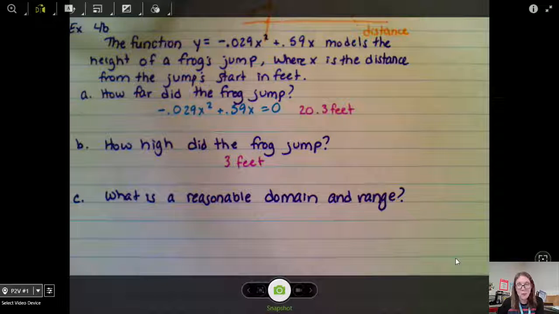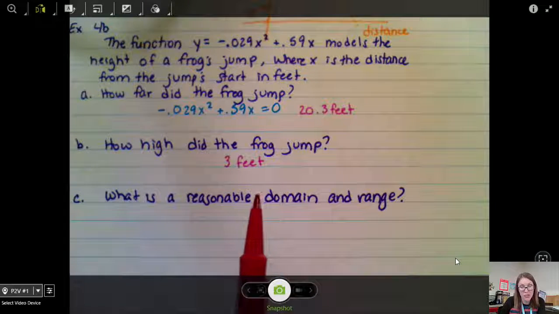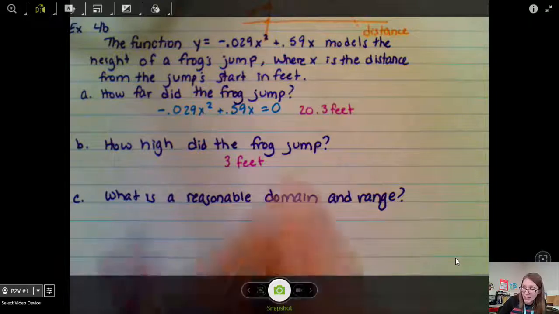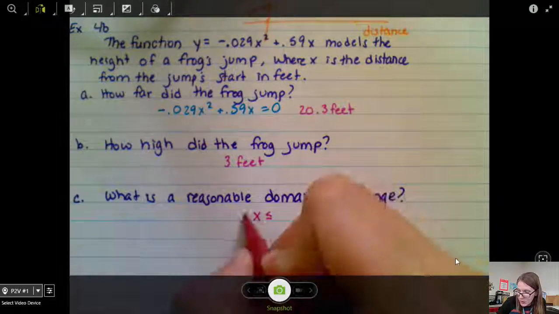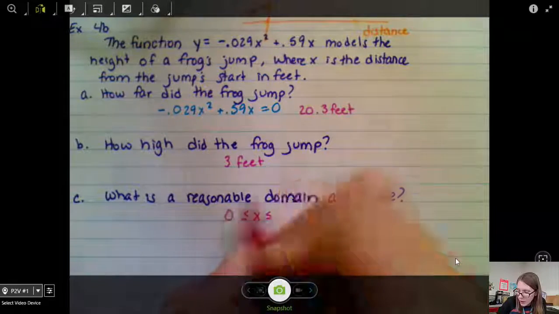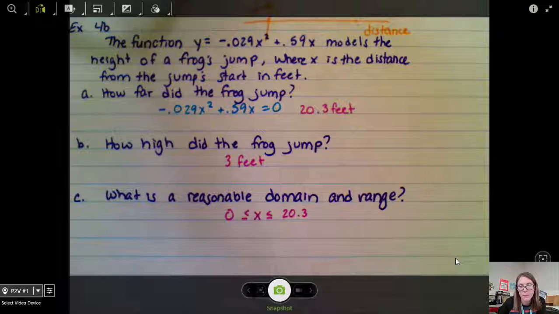All right, reasonable domain and range for our situation. Well, our frog can't jump any farther than 20.3 feet. It can't jump a negative distance. So our domain is that x is between 0 and 20.3. And then our range, looking at our y values, well, our frog didn't jump any higher than 3 feet.